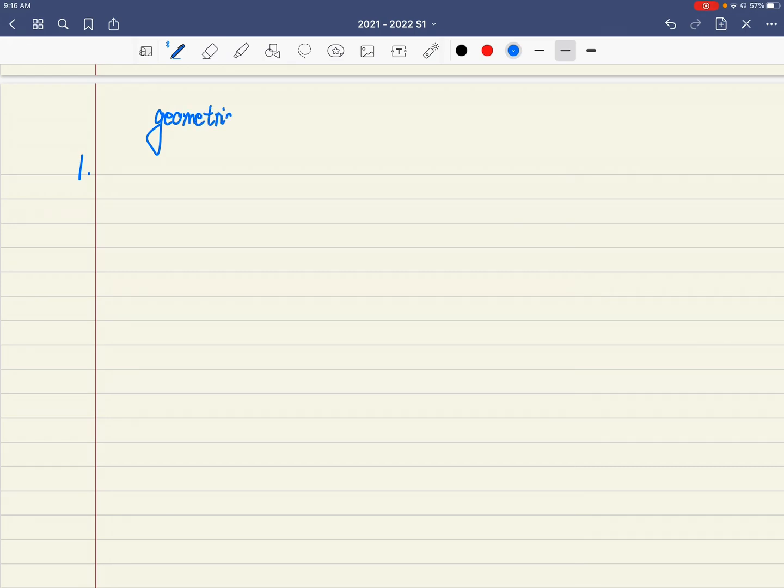Okay, let's just do a quick review. Geometric series looks like this. It's the summation from 0 to infinity, a times r to the power of n. Okay, it is convergent if the absolute value of r is smaller than 1 and divergent otherwise.